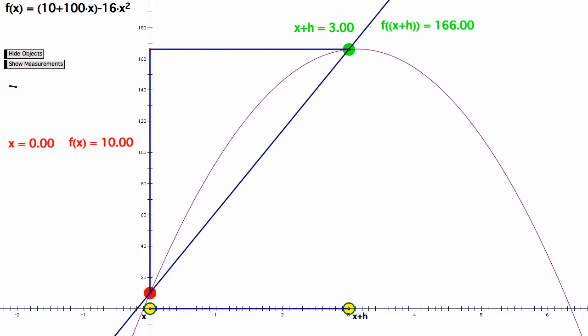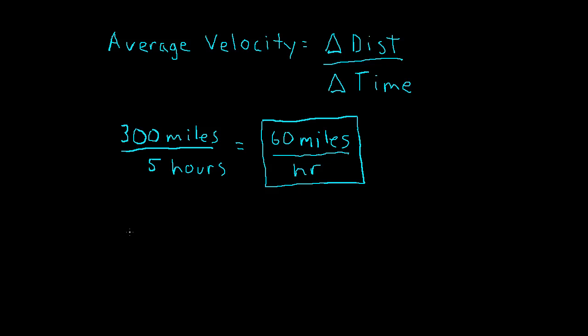So if I'm writing this down, I would write 166, this is my final distance, minus my initial distance, 10, and I'm going to divide that by 3 minus 0. In other words, this represents the time it took me to go this distance. Okay, 156 divided by 3 is equal to 55 point, what would that be?